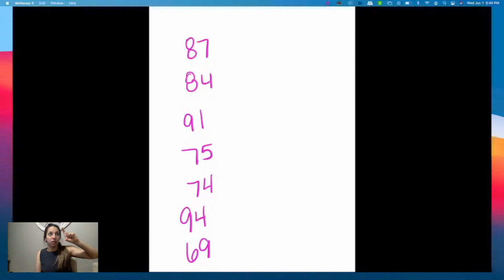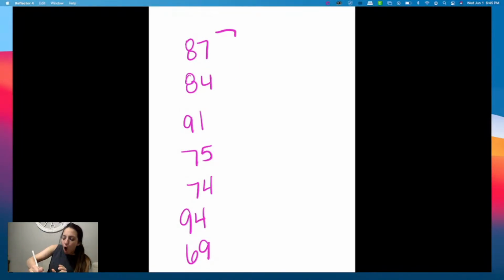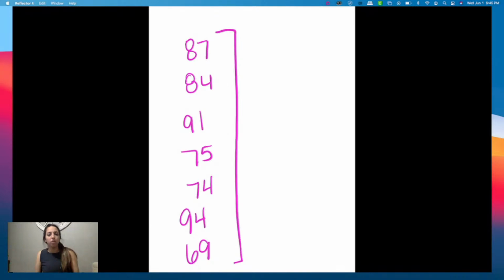Some will say it doesn't exist, and some would say all of these numbers are the mode because they all show up the same amount of times. They won't have both of those answers because then they would both be correct. So the mode of this data could be none, or it could be every single one of those data points.